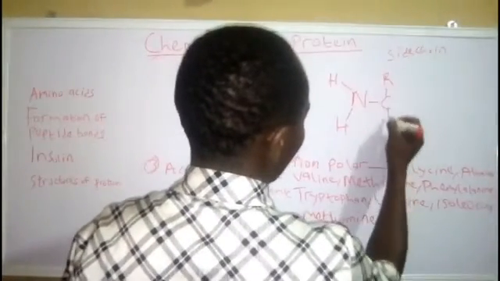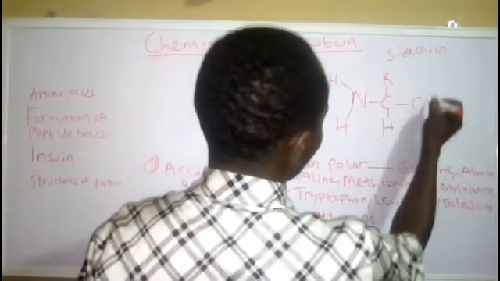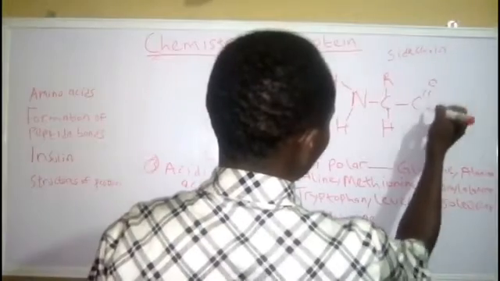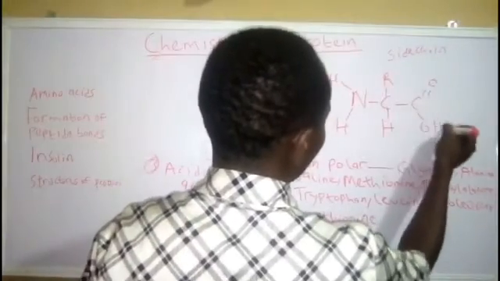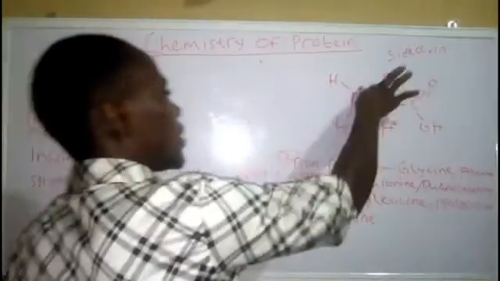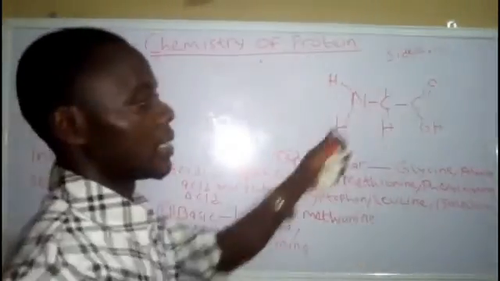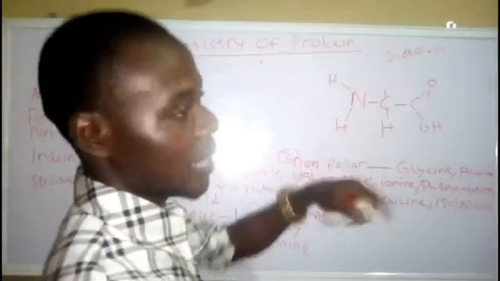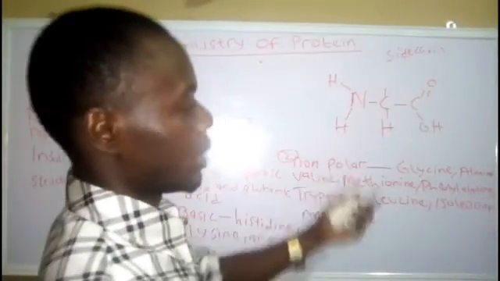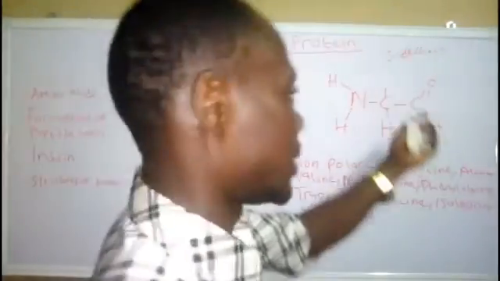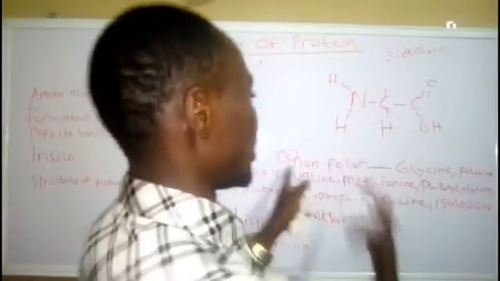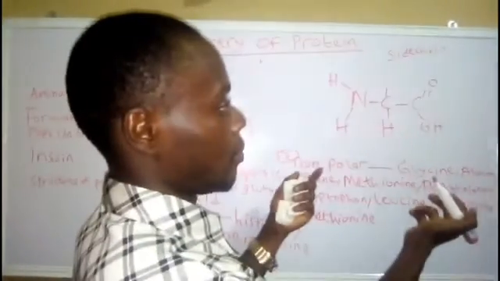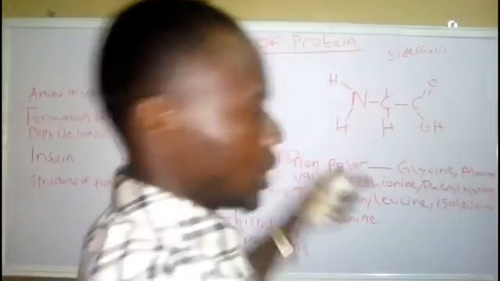This is the R. This is the C. This is the OH. Now the R part: when the R is hydrogen or an alkyl group, such an amino acid is said to be non-polar.